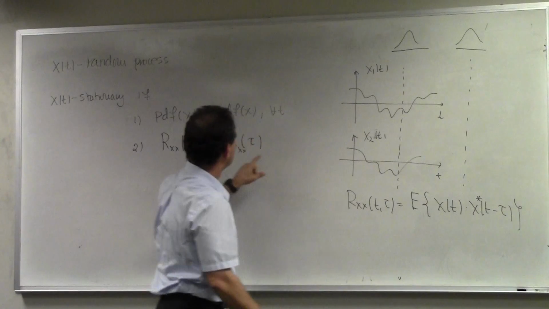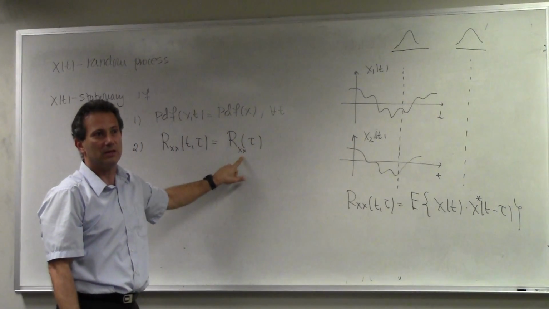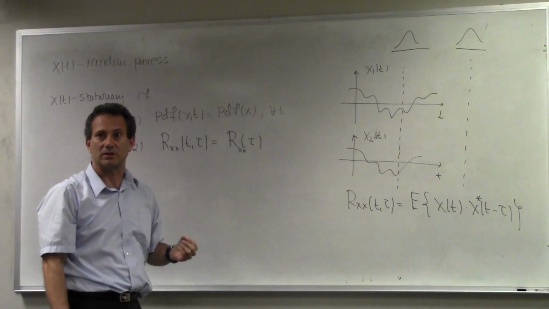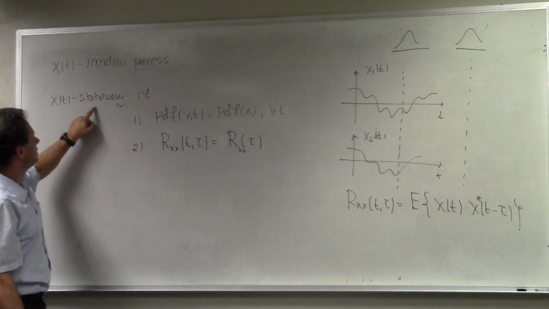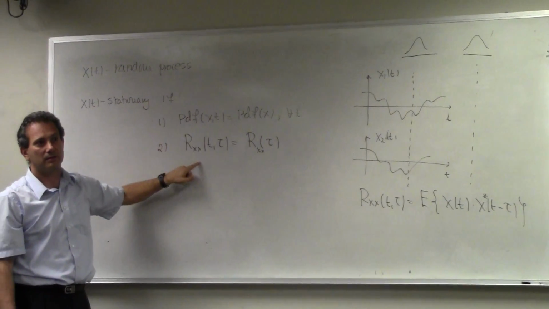Well, if that product is only dependent on how far apart they are and not dependent on t, then I have stationarity in the time domain. My autocorrelation function does not change. And x of t is stationary if it is stationary in both the amplitude domain and the time domain.